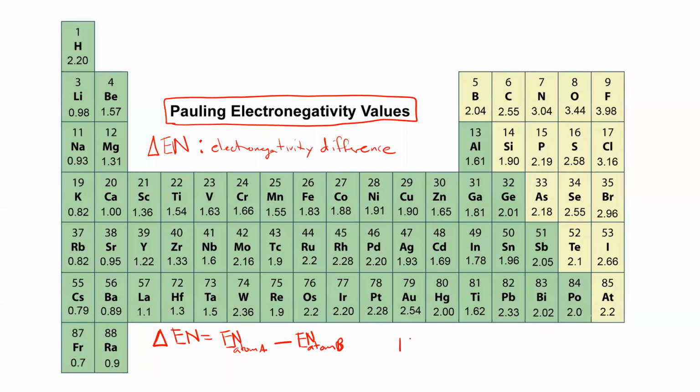So where the electronegativity of the first atom is going to be greater than the electronegativity of the second atom, you're going to get a positive value each time. And the electronegativity arrow will show you which one is more electronegative.